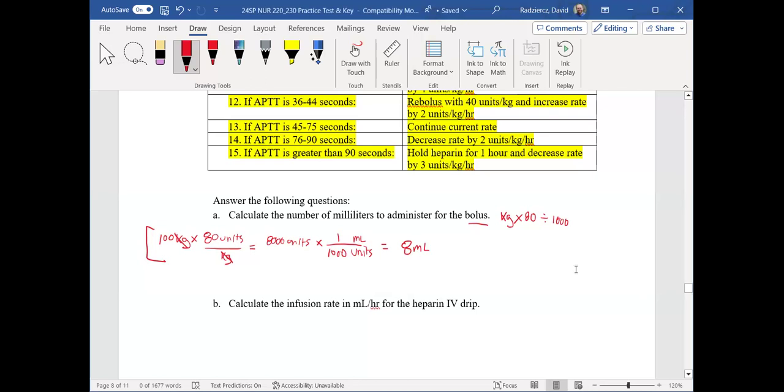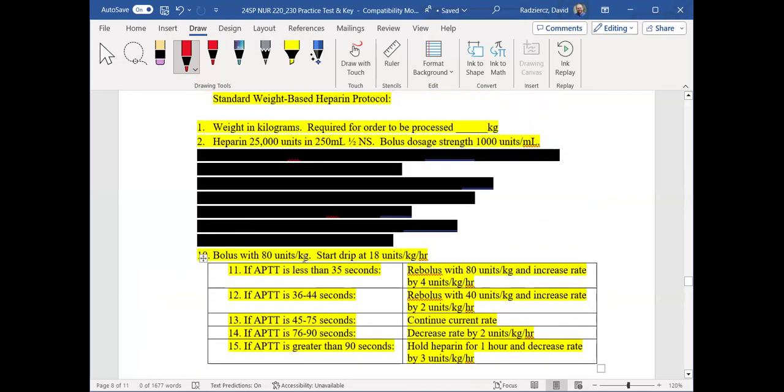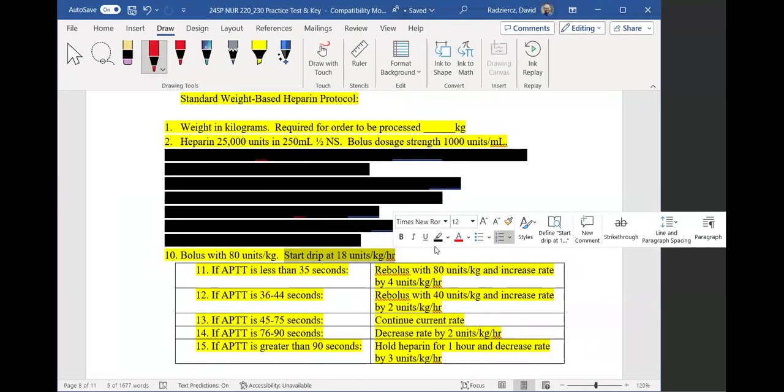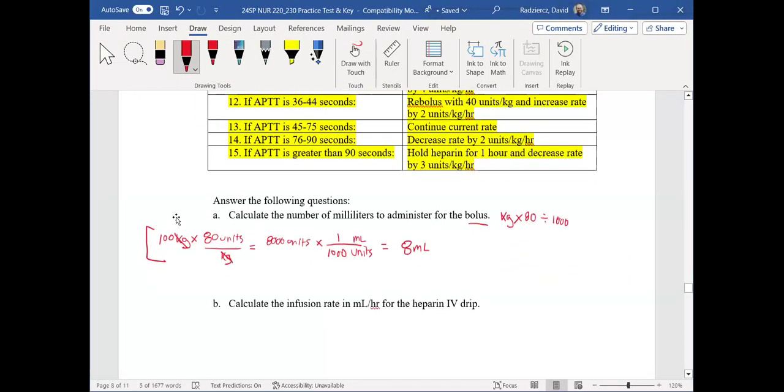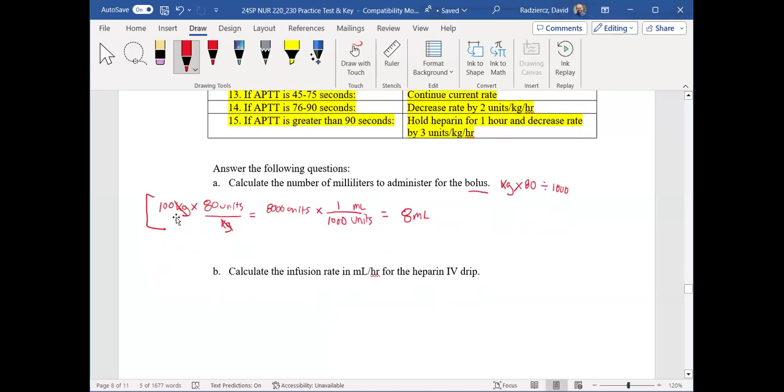All right, let's do the infusion rate. So the infusion rate says we're going to start a drip or an infusion at 18 units per kilogram per hour. Okay, so that's the information I'm going to use to start. Same patient weighs the same.